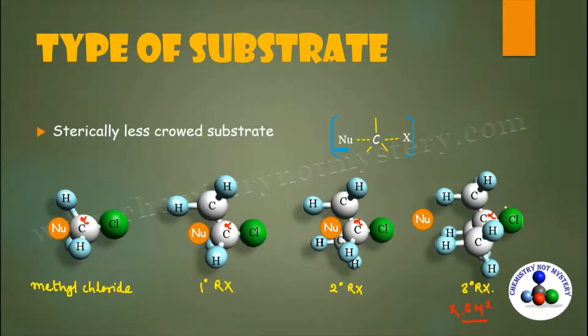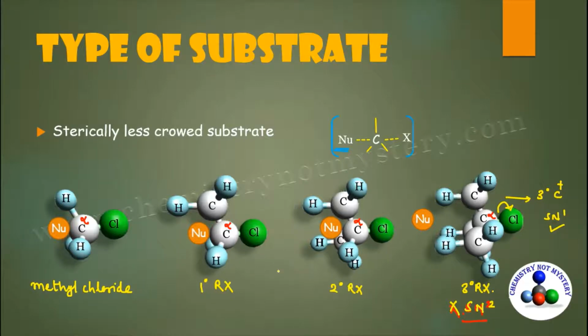While it will prefer to react via SN1 reaction mechanism because after the leaving group leaves the molecule, it results in the formation of a tertiary carbocation, and tertiary carbocation is more stable, so tertiary alkyl halide prefers to react via SN1 reaction mechanism but not by the SN2 reaction mechanism.